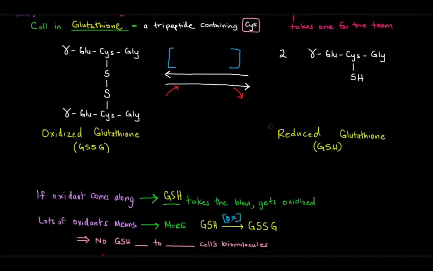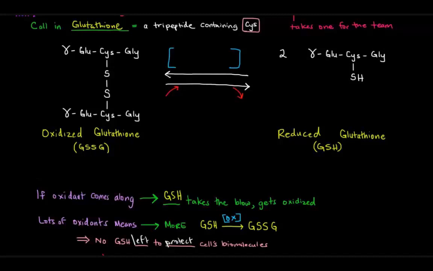If there are a bunch of oxidants, they turn all of our GSH into GSSG. So now there's no more reduced glutathione left to protect the cell's biomolecules. That's a bad thing, okay?